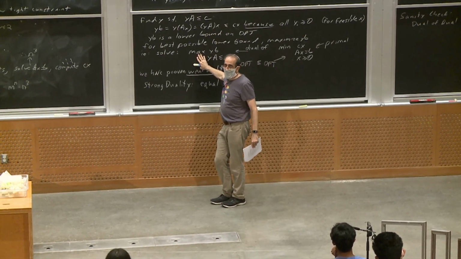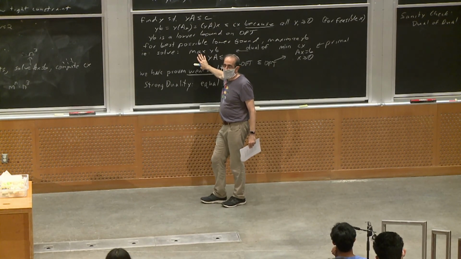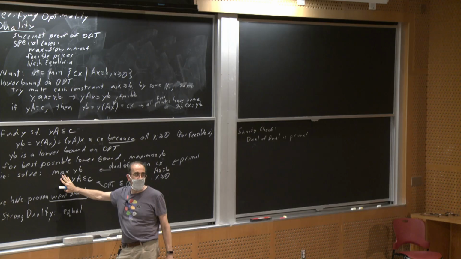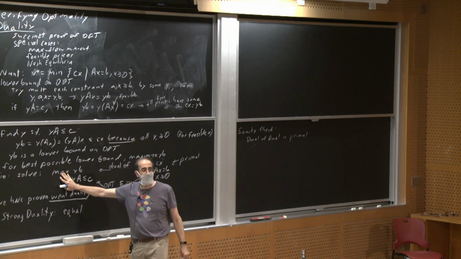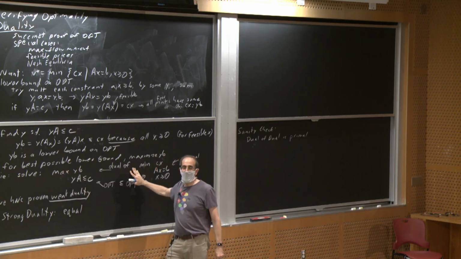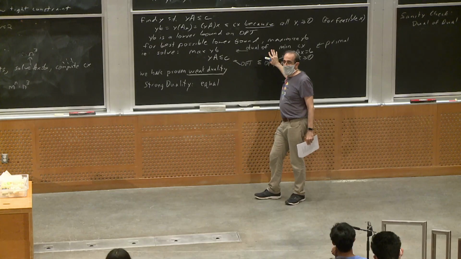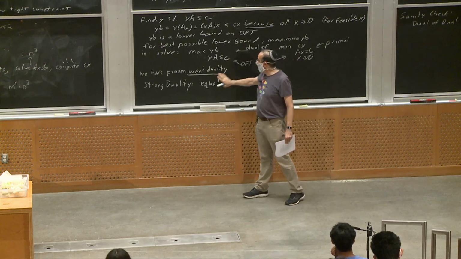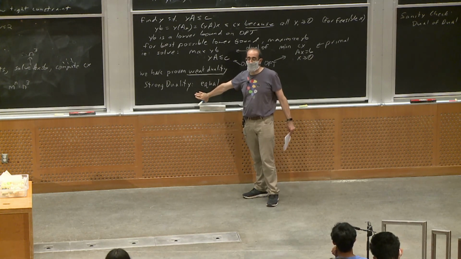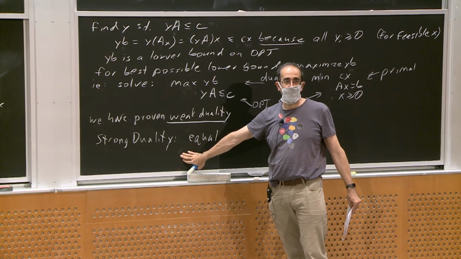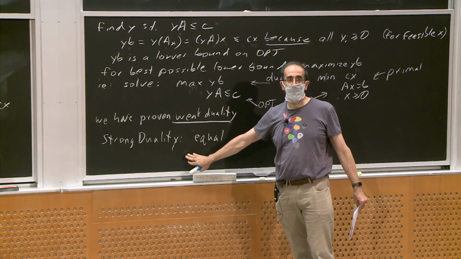So we will generalize this to talk about the dual of an arbitrary linear program. And I'll show you how to transform any linear program into another LP that bounds the first LP, a dual. And our strong duality result will be that for every such transformation, you get equality in the optima.